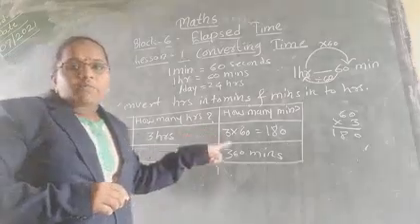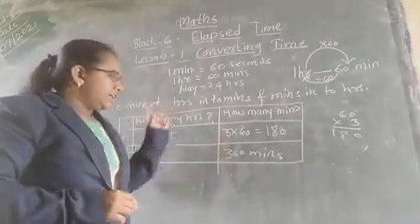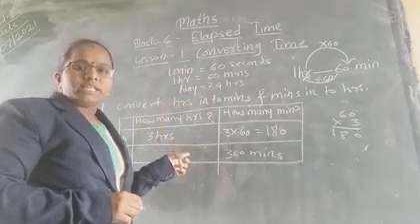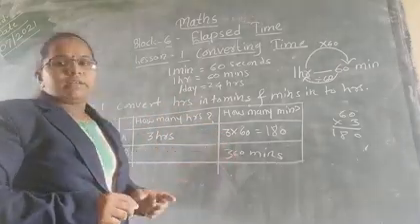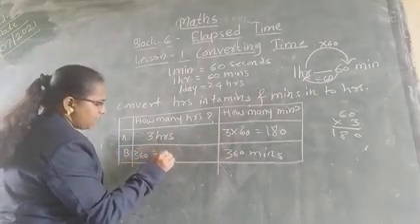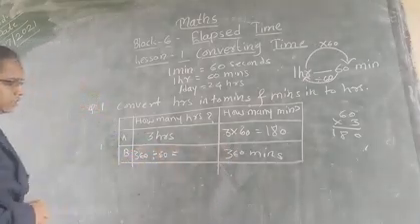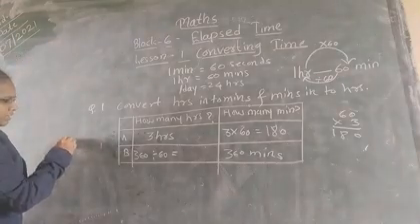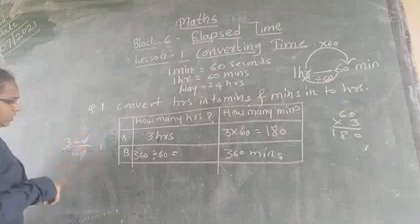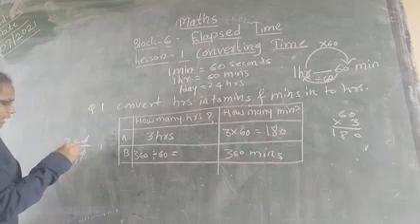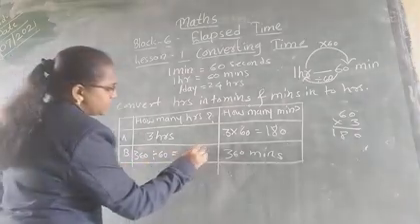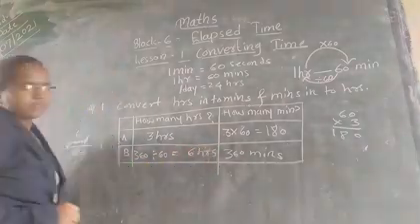At the time of conversion of minutes into hours, we divide the given minutes by 60. 360 divided by 60, the zeros cancel, 6 1s are 6 and 6 6s are 36. So the answer is 6 hours.